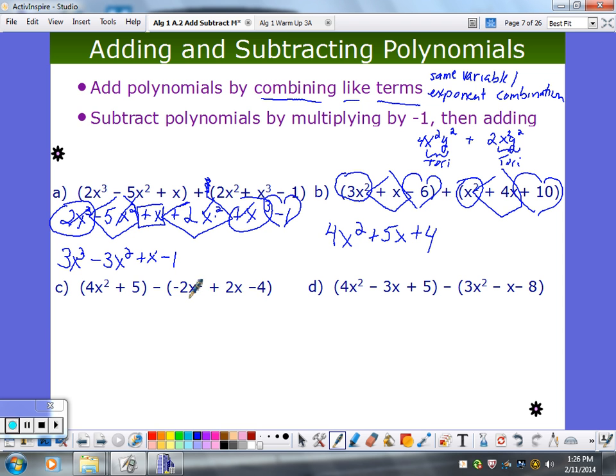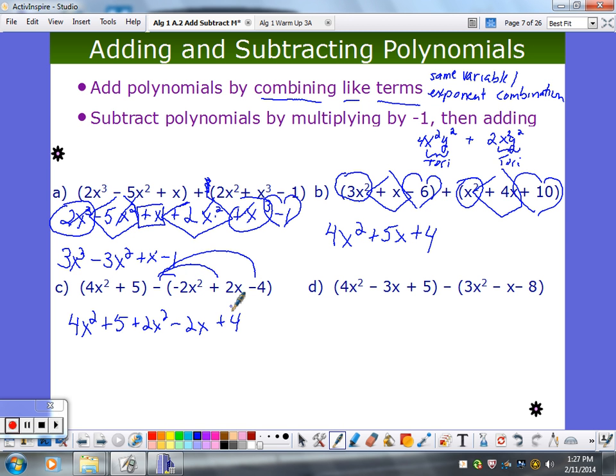That's all. Now with subtraction, we're going to distribute the negative first. Remember distributing negatives? What is distributing a negative going to do to everything inside here? Flip the sign. So let's go ahead and do that. So that becomes a positive 2x squared, a negative 2x, and a positive 4. Because subtracting flips your sign.